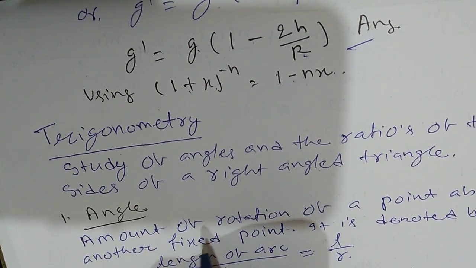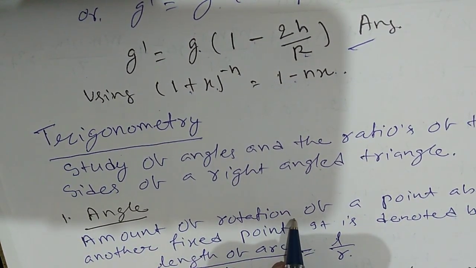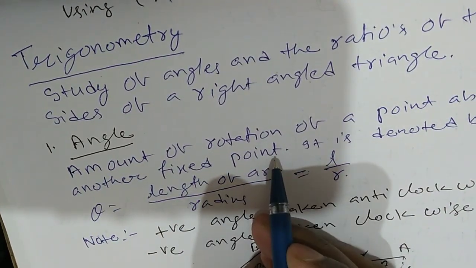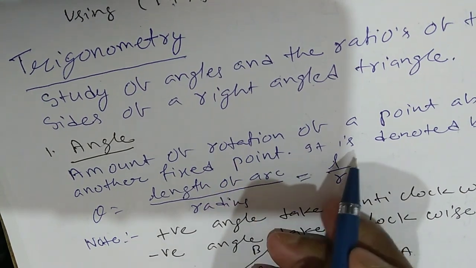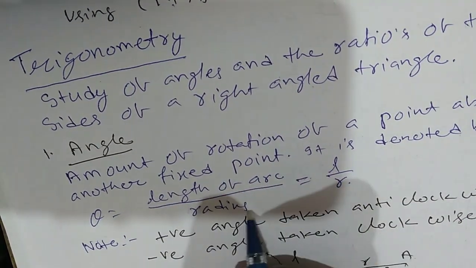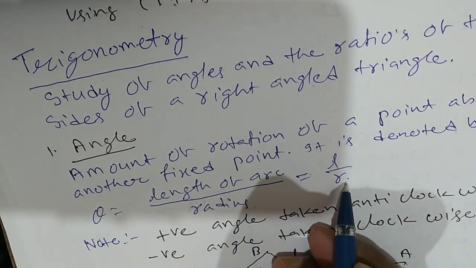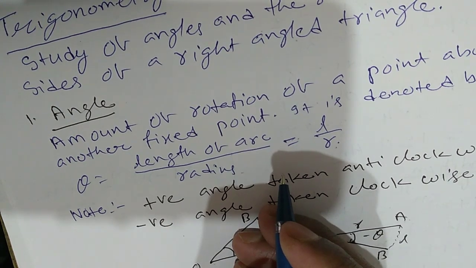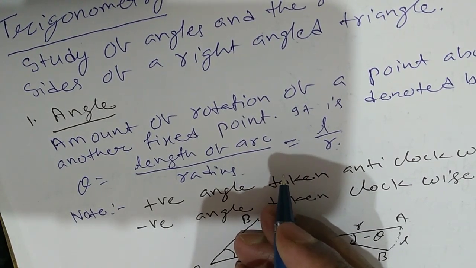Angle is the amount of rotation of a point about another fixed point. Another fixed point means vertex. It is denoted by theta. So theta is equal to length of arc upon radius, that is L upon R. The next topic is when we take positive angle and when we take negative angle.